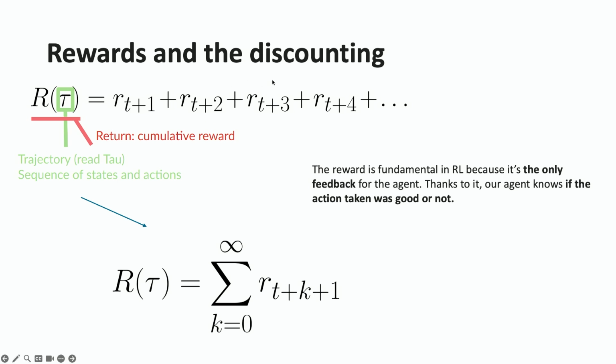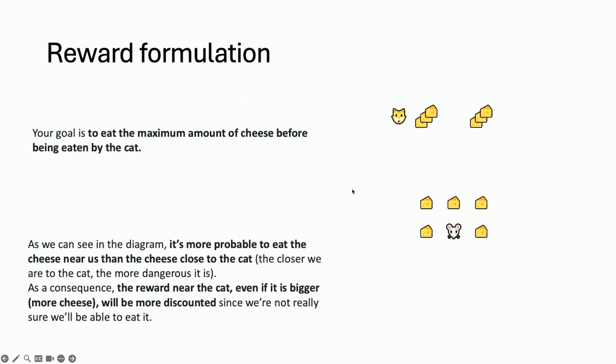So the important thing here is how we define reward, because our agent's task is to maximize this cumulative reward. In this task, for example, this mouse should eat these cheeses while avoiding the cat. So we can write a clear reward system.